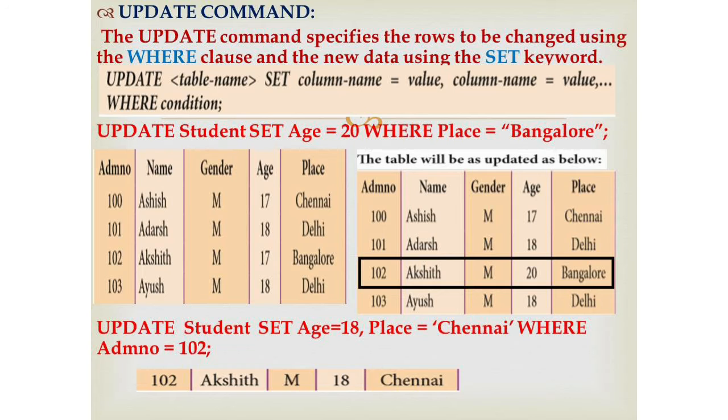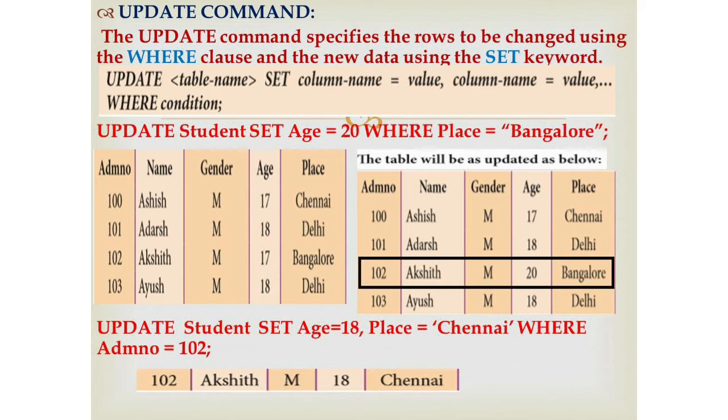Now look at the command: update table name set column name is equal to value, column name is equal to value, column name is equal to value. You can update one or more column values also. Then the where condition is the row which you are going to change. By using set, you can enter the new data to be changed.